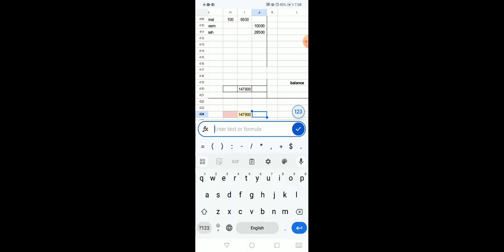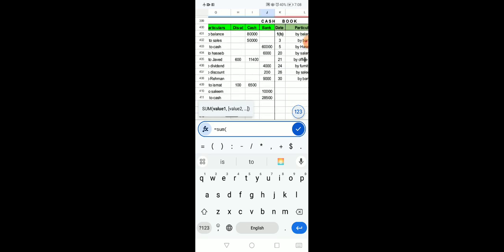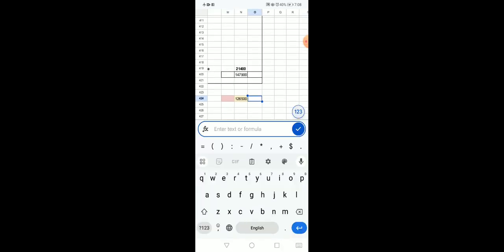First step is what? Total of both sides. You will calculate the sum of the debit side of the bank. All the amounts present on the debit side, you will calculate the sum, and I am taking help from Excel. This is the sum of the debit side, and the same you will do for the sum of the credit side of the bank column.